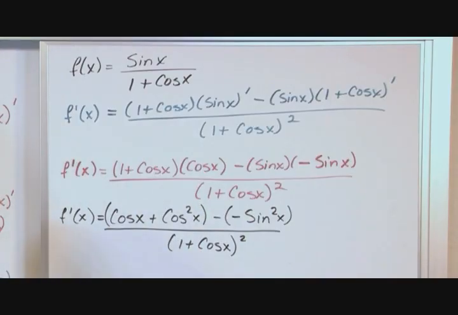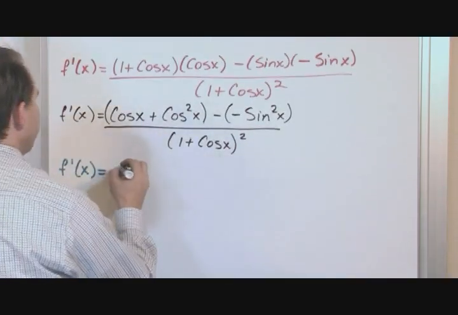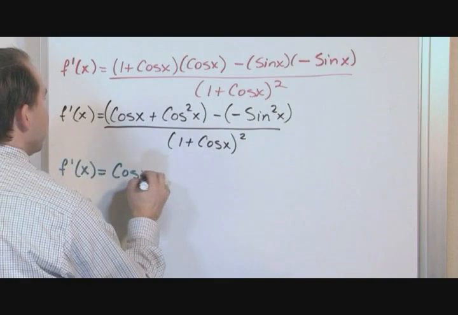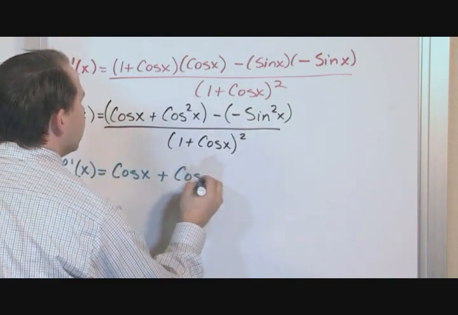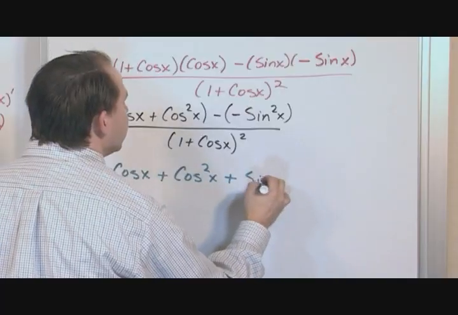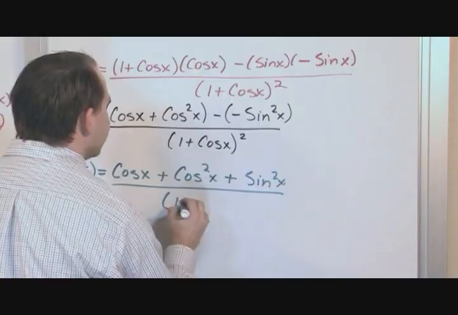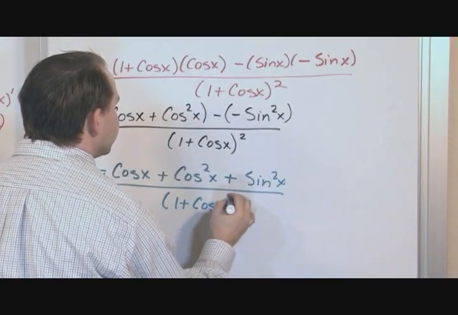And I think we're about ready to write almost the final answer down. F prime of x is equal to cosine of x plus cosine squared of x. Now let's take care of these double negatives, plus sine squared x all over 1 plus cosine x squared.